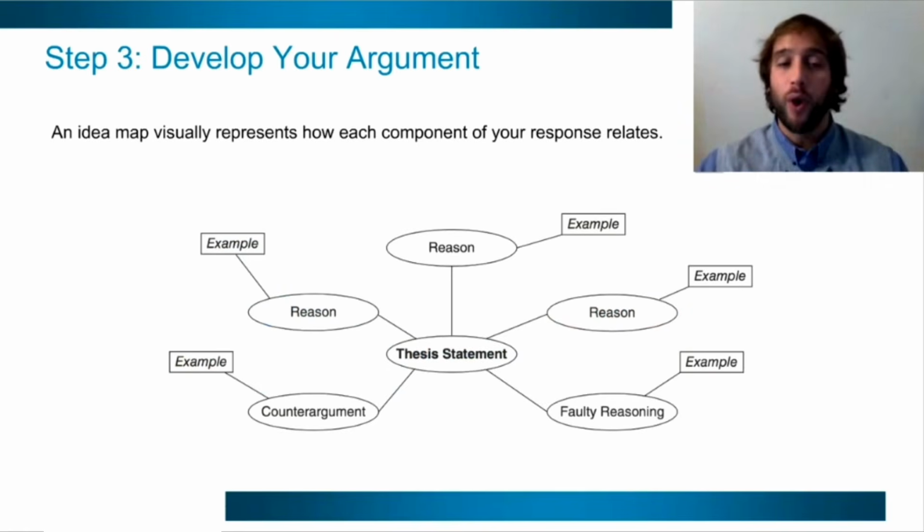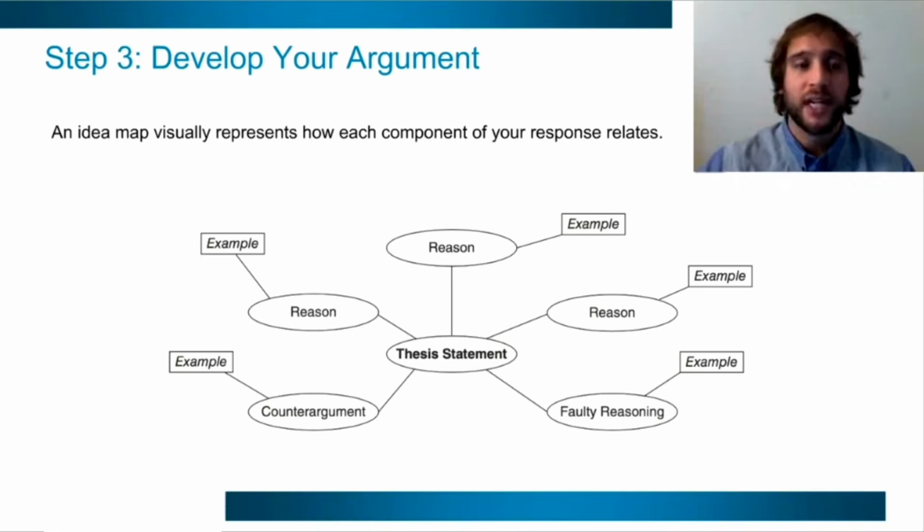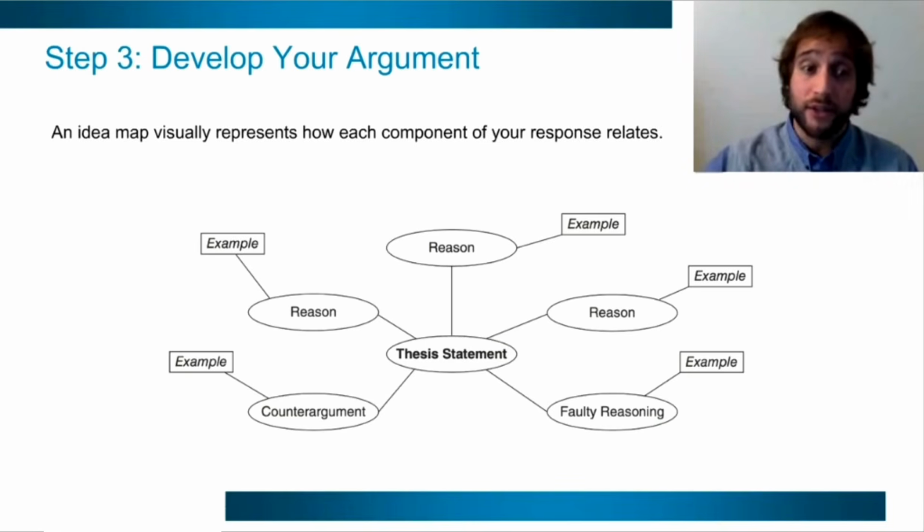Okay, so here's one potential map. It's not how I would necessarily do it. I can talk to you a little bit more about how I would outline, but it's one possible way that you can visualize your thoughts, right? Putting that thesis statement central, like what is the claim that the author is making.